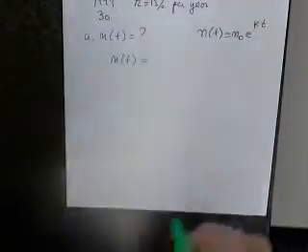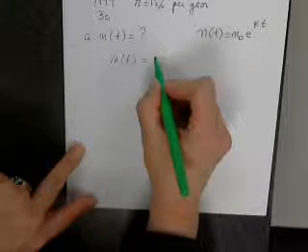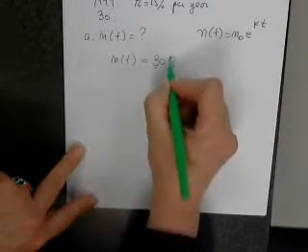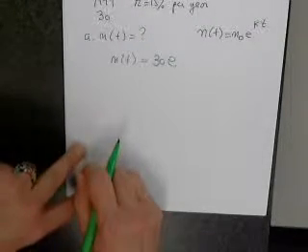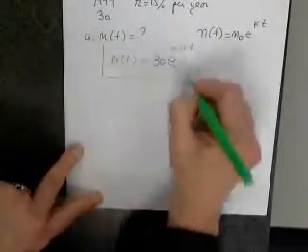N of t equals N0 e to the rt, which is 30 e raised to 0.15t. Very good. This is it. Excellent.